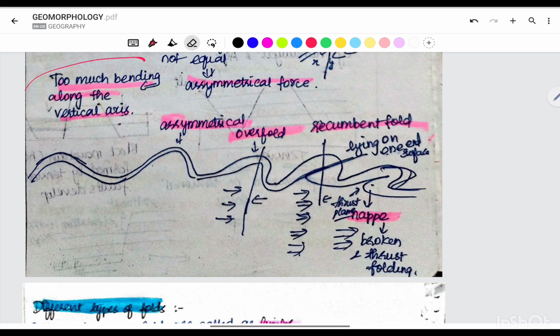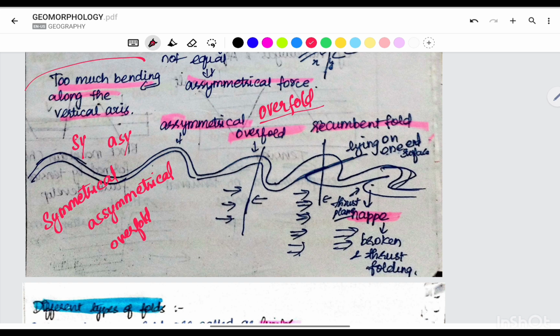So we'll be having the types as symmetrical, asymmetrical, overfold. There is symmetrical, and then we have the asymmetrical, then we have the overfold.